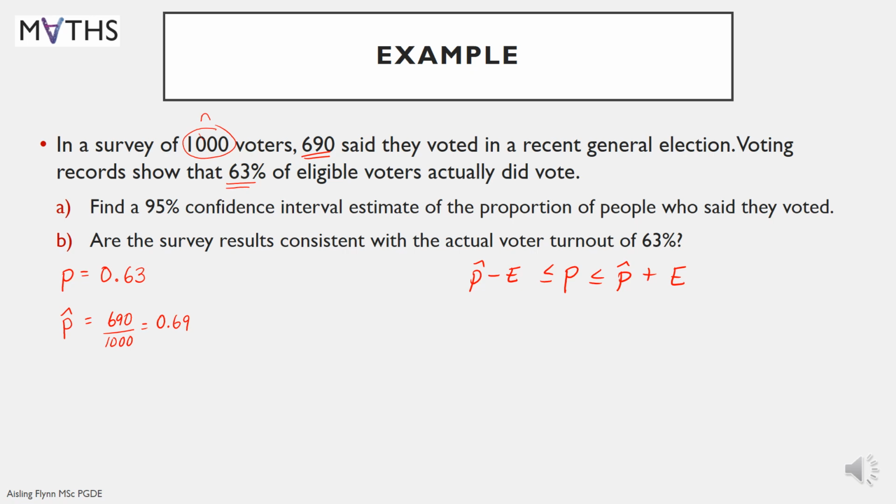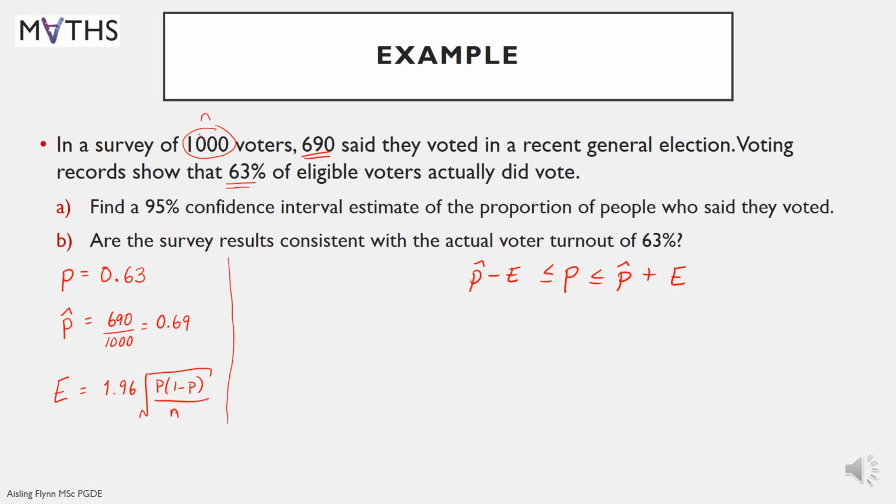And also we need to calculate the margin of error. So for proportions, we saw that we have a new definition of margin of error. It's 1.96 times the standard deviation of samples, which you'll find on page 34, and there it is. So our first job will be to calculate that.